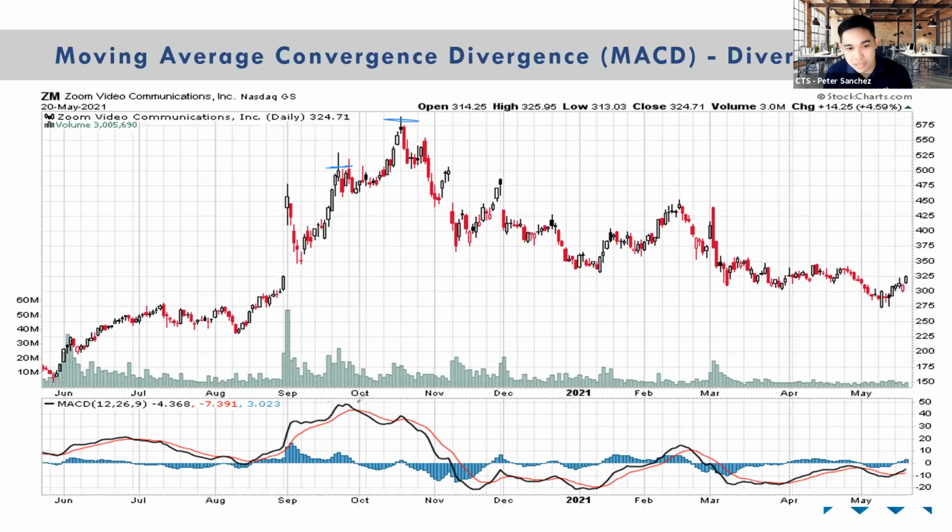MACD made a high noong same time but a lower high mid-October. Ano bang logic nito? It just means that yung rally na to that created this momentum was stronger, no? Itong rally na to was stronger compared sa second rally na to, creating a lower high sa indicator natin.